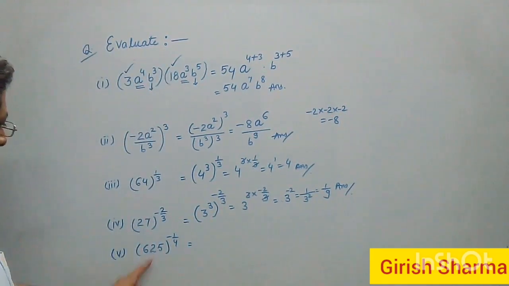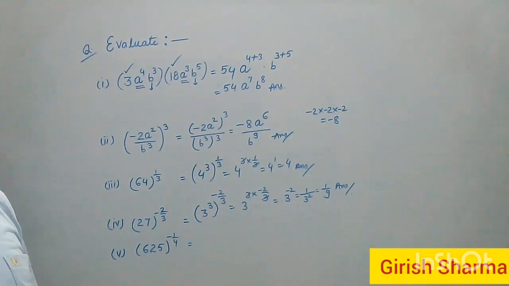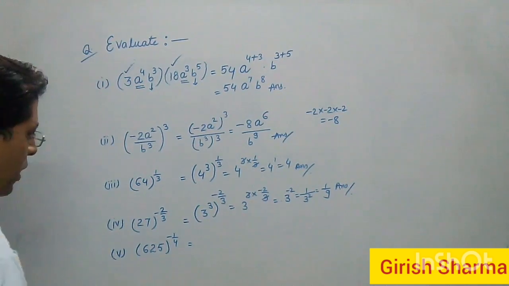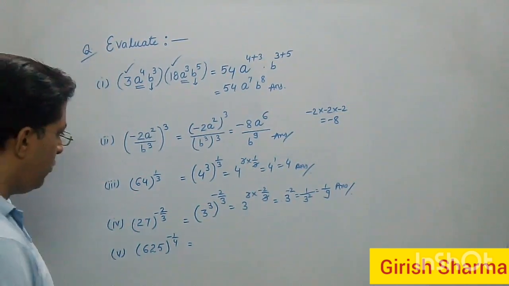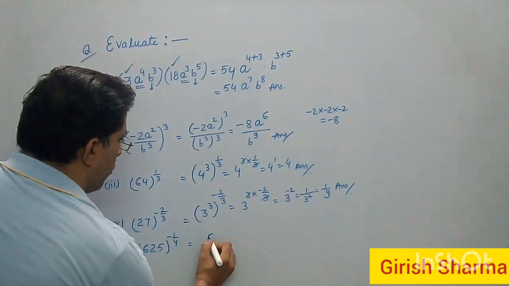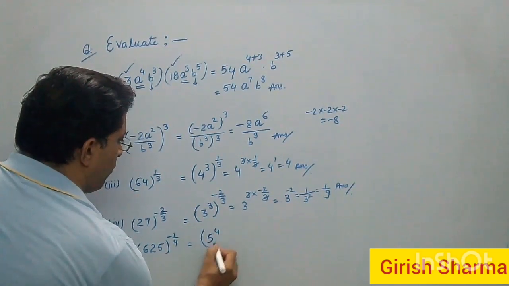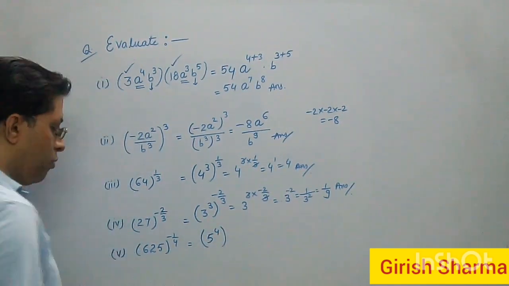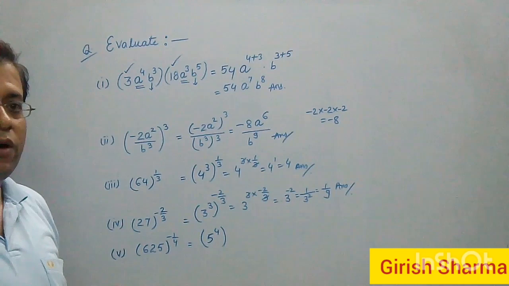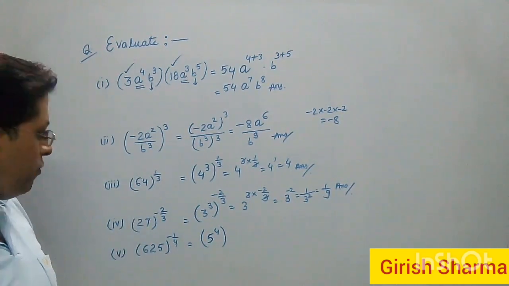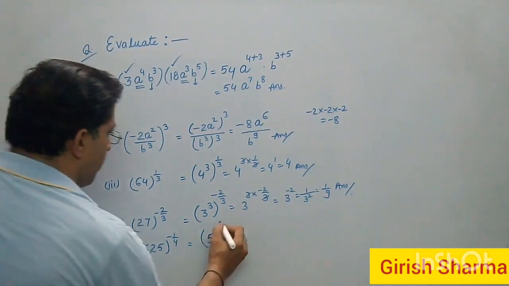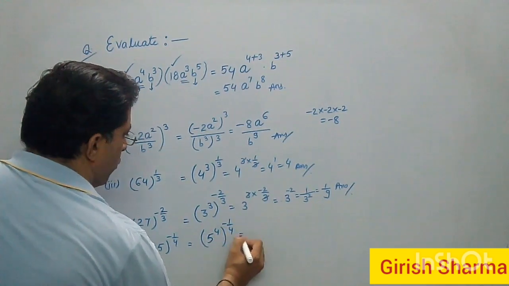Okay, one more question is this. 625, what you have to write here, this is 5 power 4. 5 fives are 25, 25 fives are 125, and 125 fives are 625. This is 1 upon 4.